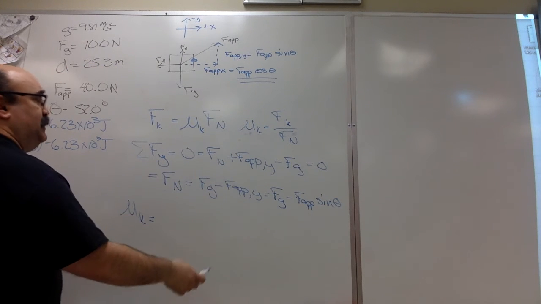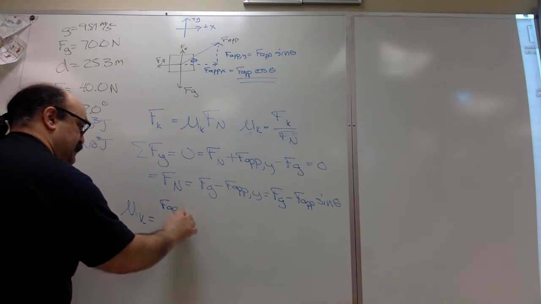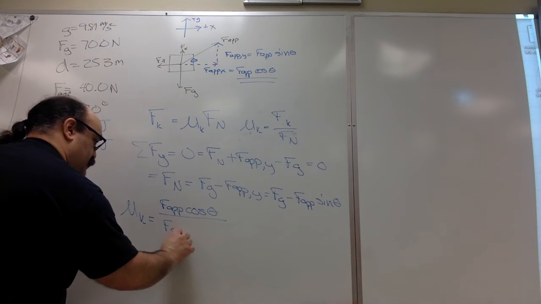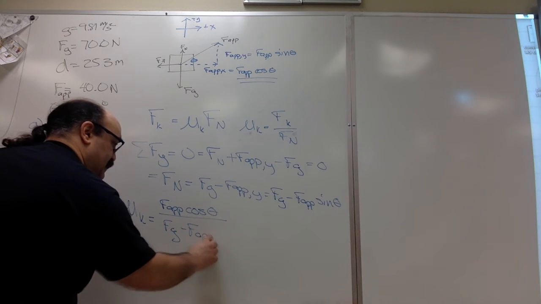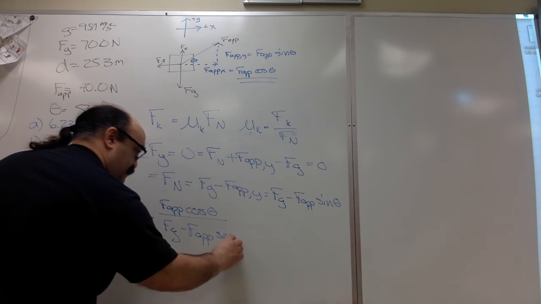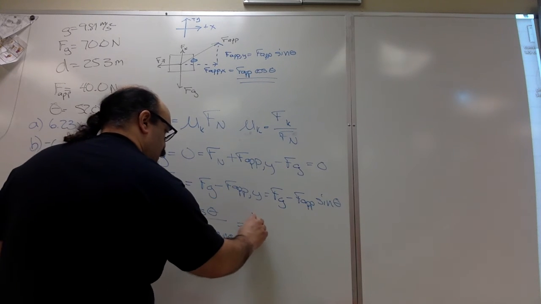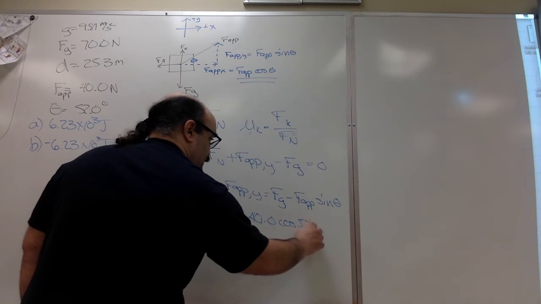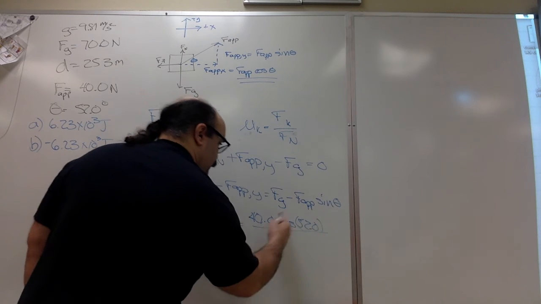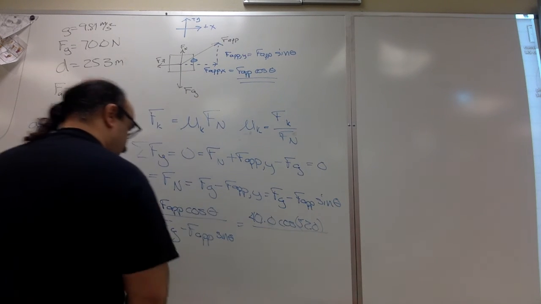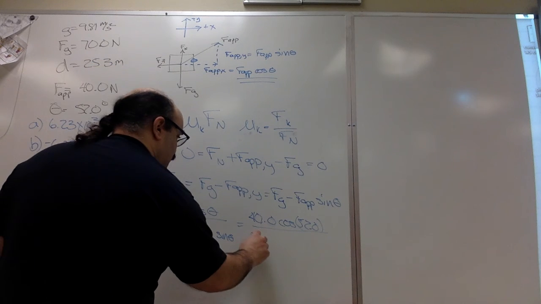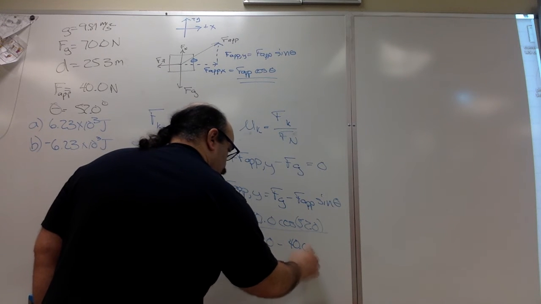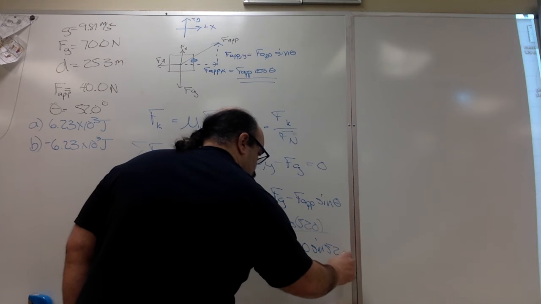We'd already figured that out before, but this is the force applied times the cosine of theta over the force due to gravity minus the force applied times the sine of theta. 40.0, sorry, 3 sig figs, cosine 52.0, multiplying on top, it's going to end up with 3 sig figs on top. The force due to gravity, which was given as 70.0 newtons, minus the force applied. In this case, it's the 40.0 sine of 52.0.